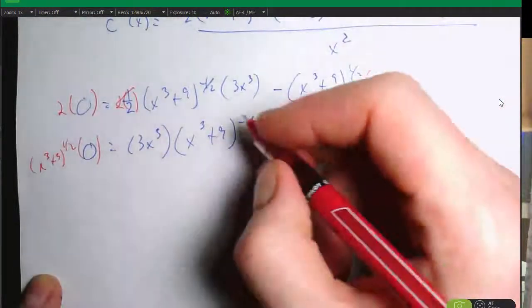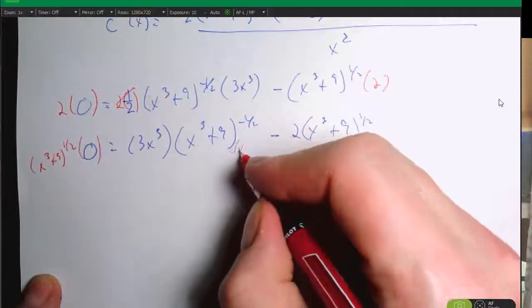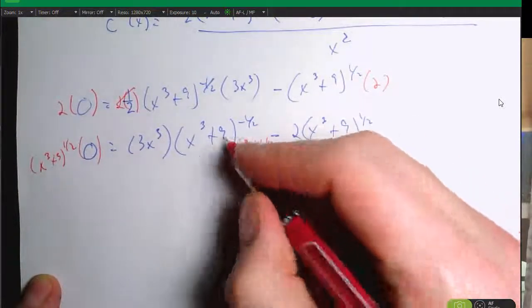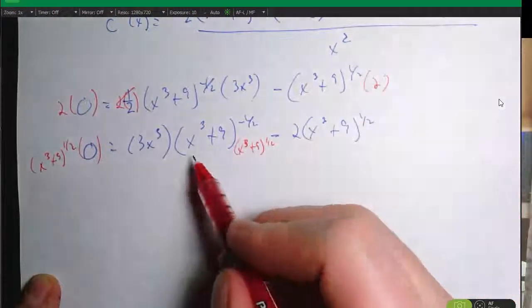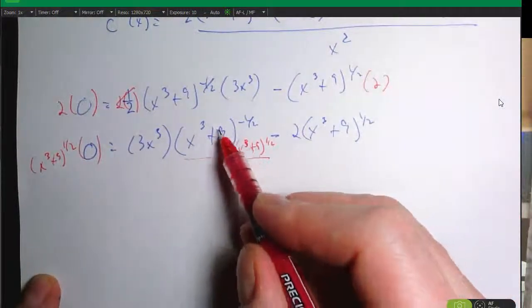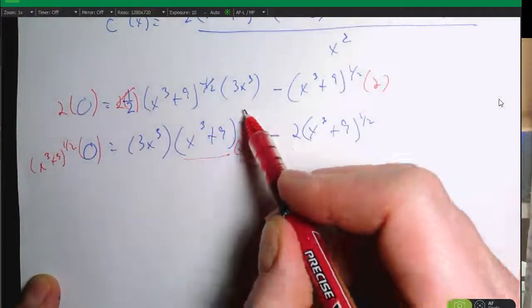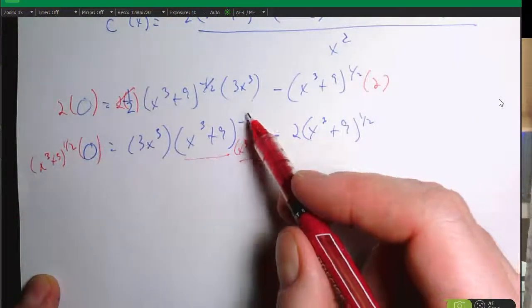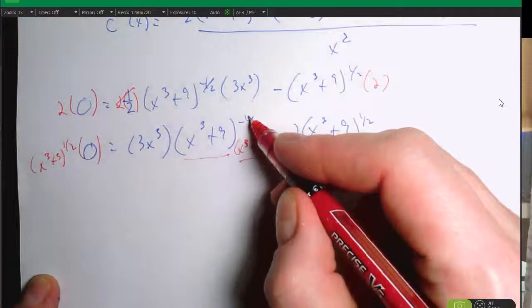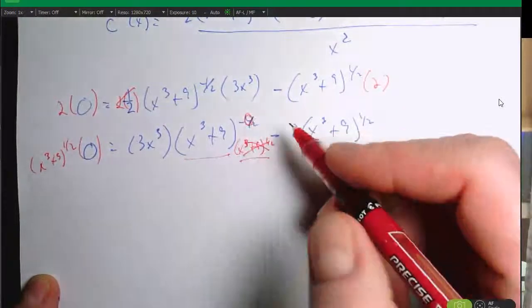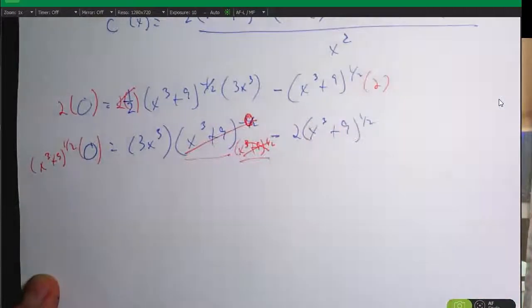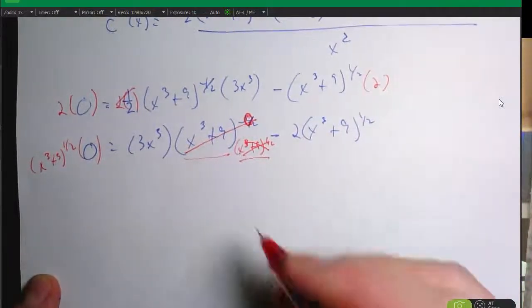If I multiply this guy by this to the 1/2, these are the same bases, x cubed plus 9. Negative 1/2 is the exponent, positive 1/2 is the exponent. So you add the exponents, negative 1/2 plus 1/2 is 0. Anything to the 0 power is 1. Boom, he's gone.